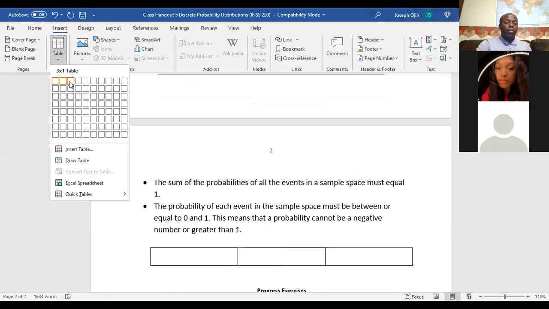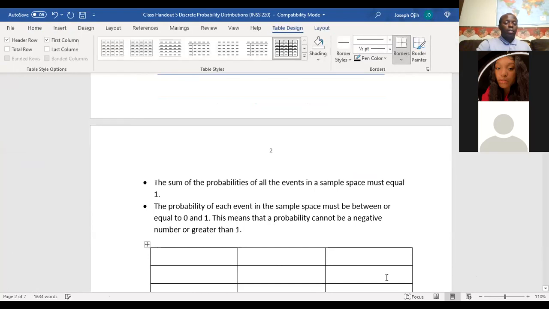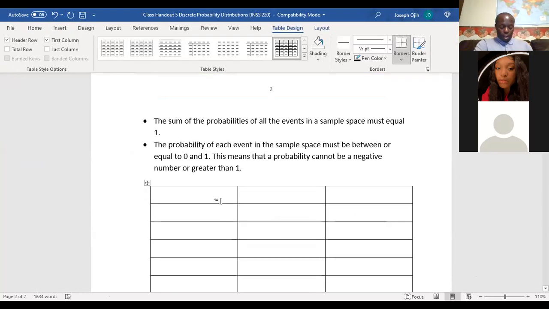You have the score X, then frequency, which is F. Then, of course, probability of X, P(x).